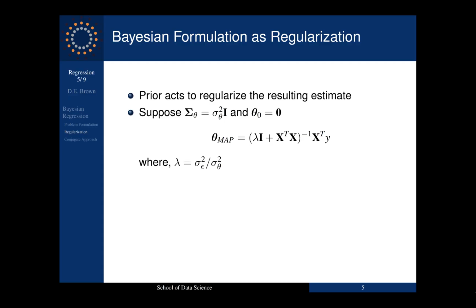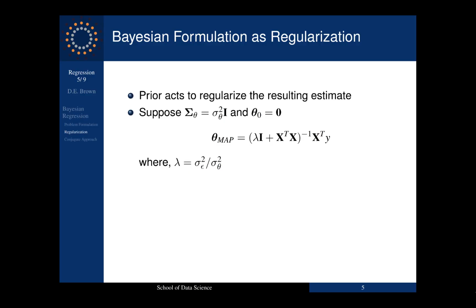Then the MAP estimate is given by, notice we have another parameter in there, lambda. And that parameter is just the ratio of the two variance components that we have. The one variance component, sigma squared sub epsilon, is the error that is contained within the regression model itself. And sigma squared sub theta is the error that's contained within our prior distribution.